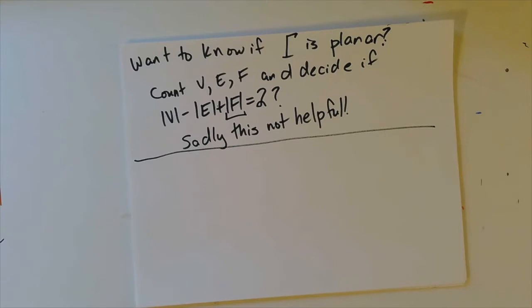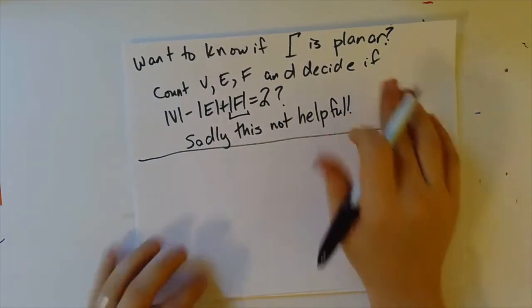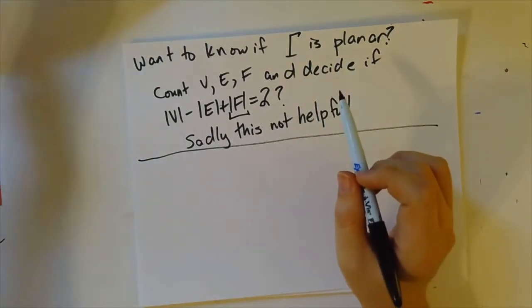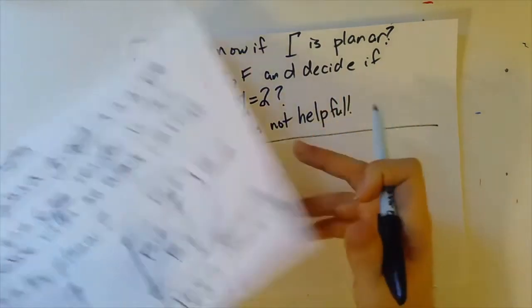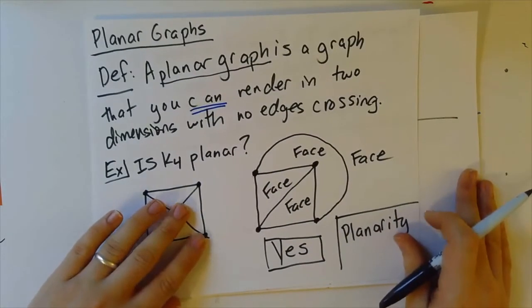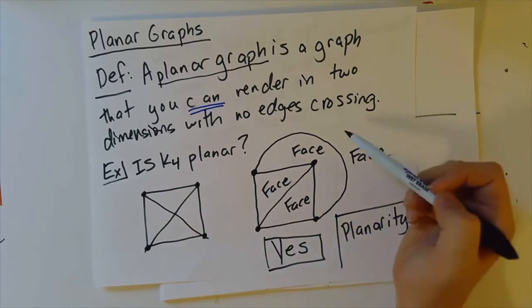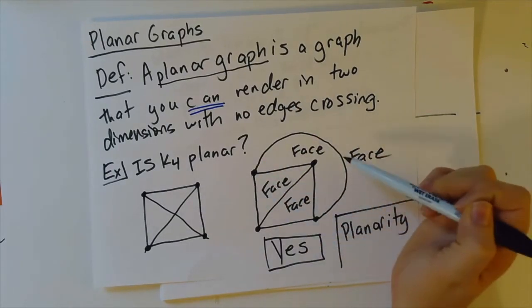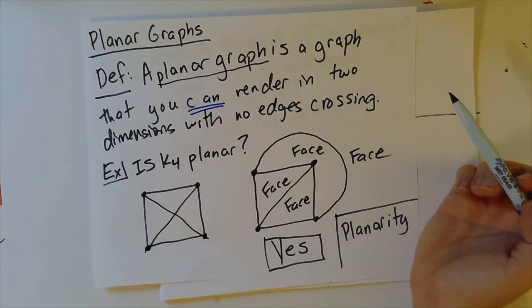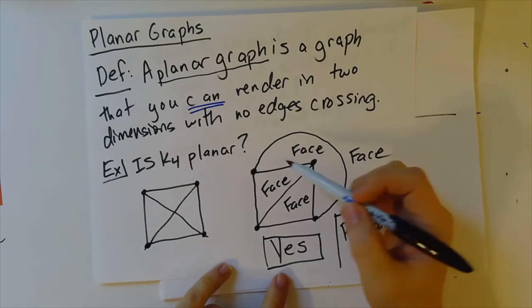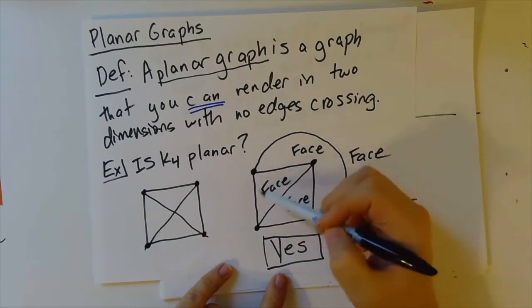Okay, so I want to think about how I'm going to use the hypothesis that a graph is planar. The way I'm going to use it is I'm going to think of a planar graph with a planar representation as a floor plan for a house, where each of these pieces is a room.